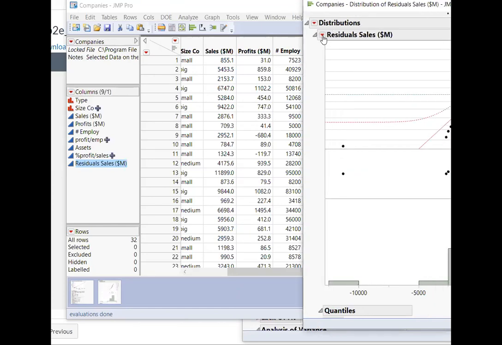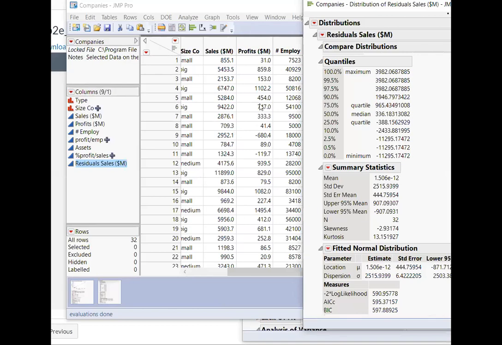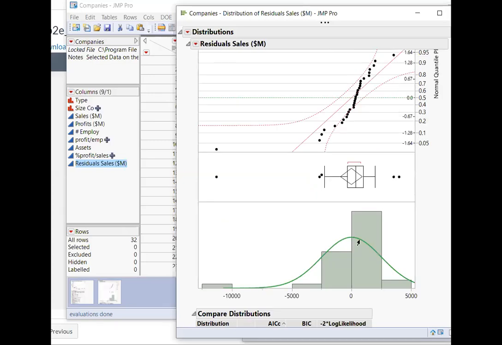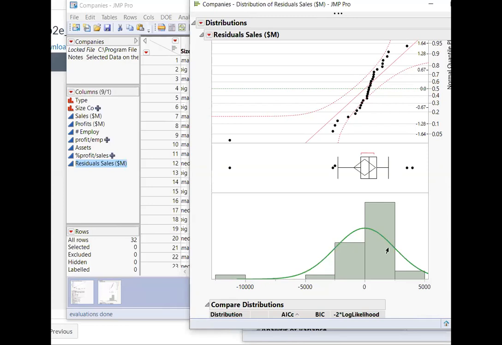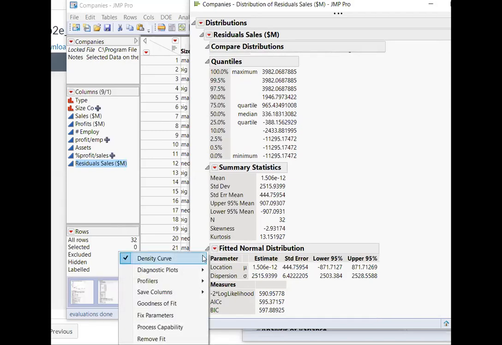Now going back one more time into continuous fit, let's check if fit normal works. Fit normal. That's the fitted normal, and if you go back up, you can see that it fits a normal curve for us. And you can see that it's not a good fit to this normal distribution.